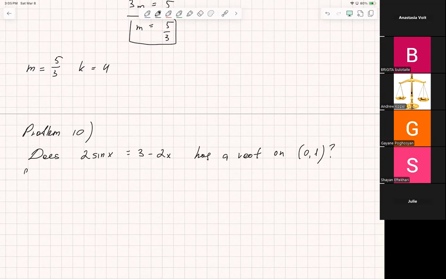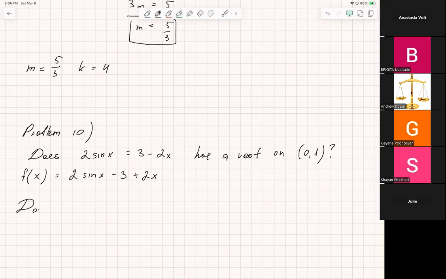So first thing, we need to define f of x, right? So we will move either 2 sine x to the right side, or 3 minus 2x to the left side. Doesn't really matter as long as you define your f, right? So 2 sine x minus 3 plus 2x, that's our function.